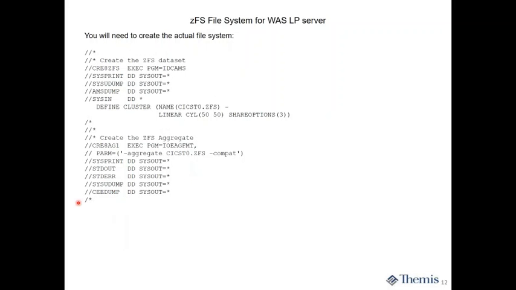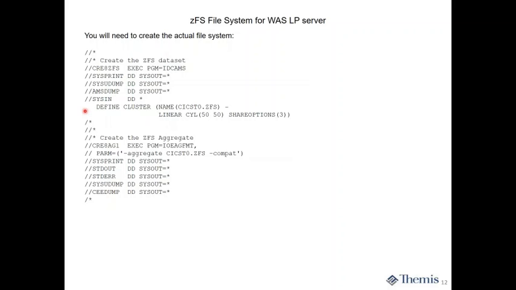Okay, so marching on through this, I'm going to get to the good stuff here. Then we do a define of a VSAM linear data set. ZFS file systems are now VSAM linear data sets. So I said, well, let me guess at 50 cylinders. Could be enough, may not be.